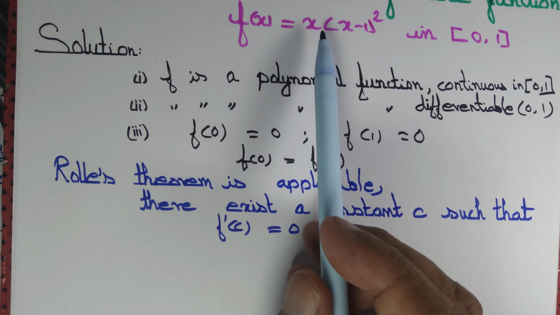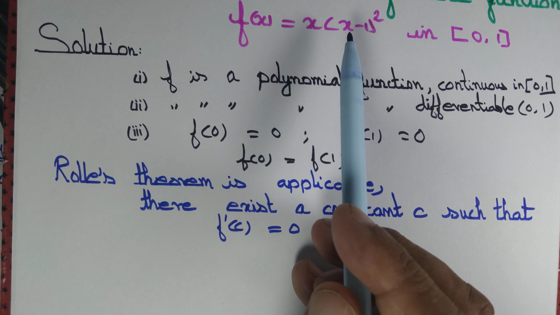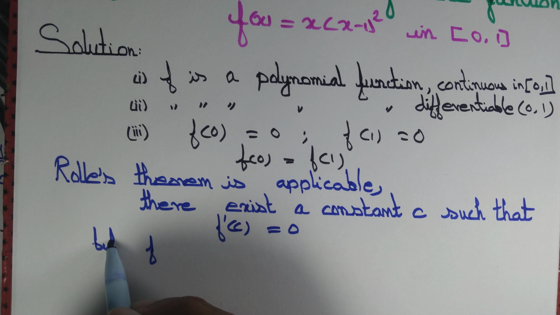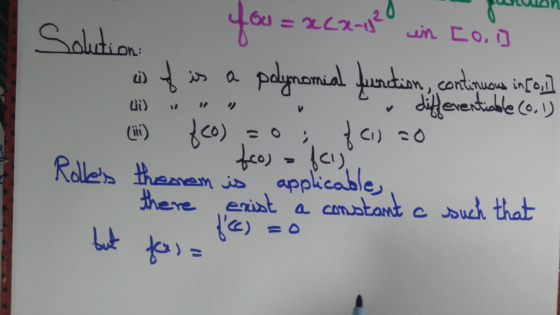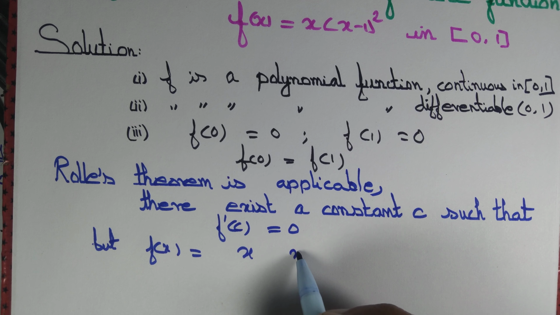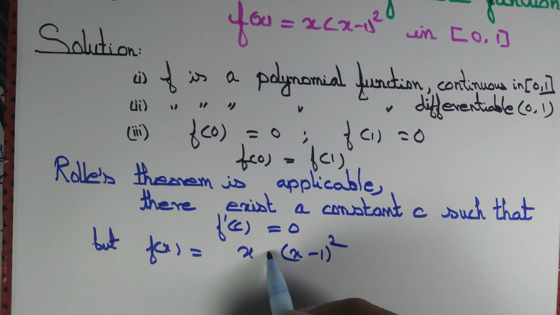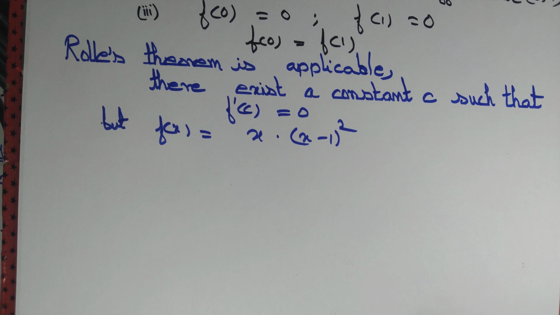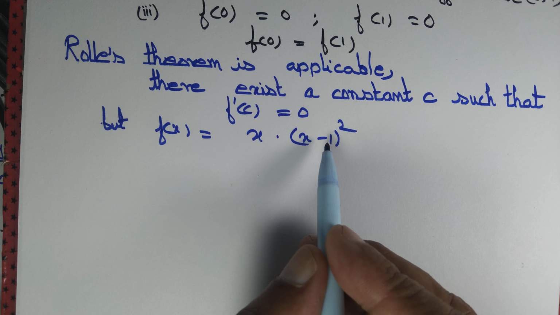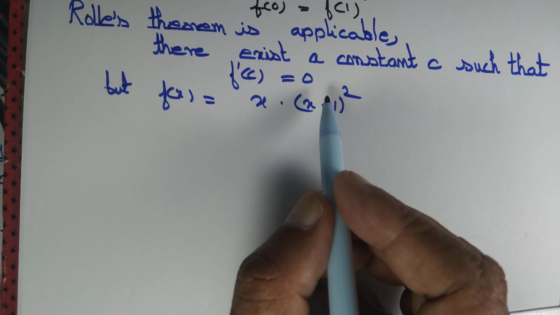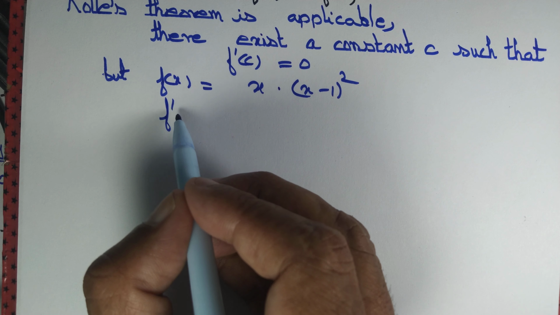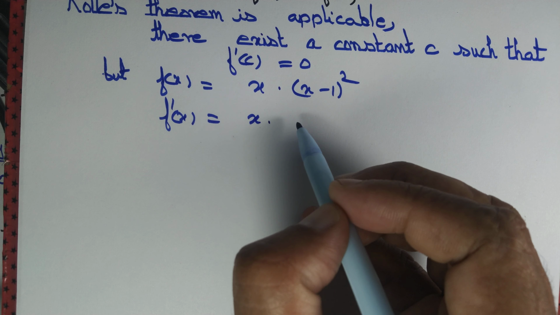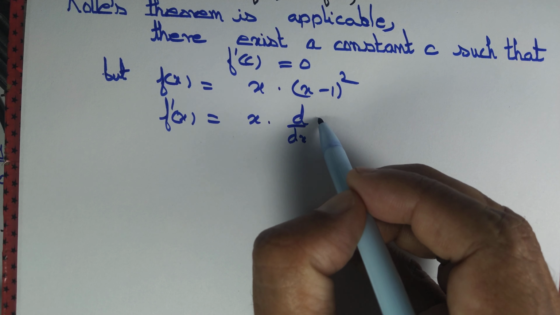You see that f(x) is given to be a polynomial and we know how to differentiate f(x). f(x) equal to x times (x minus 1) whole square. So it is a product of two functions. Therefore f dash x equal to first function, that's simply x, into derivative of (x minus 1) whole square.